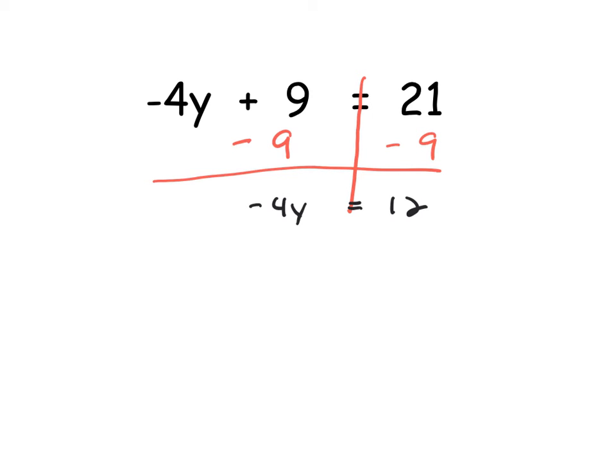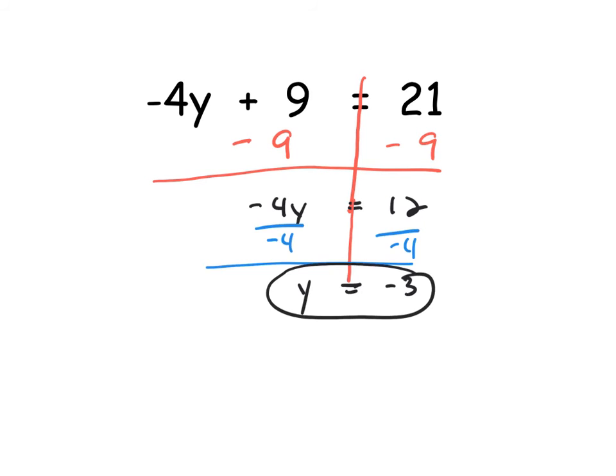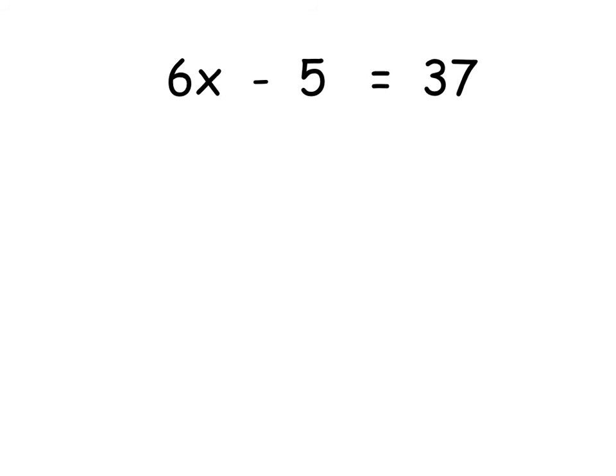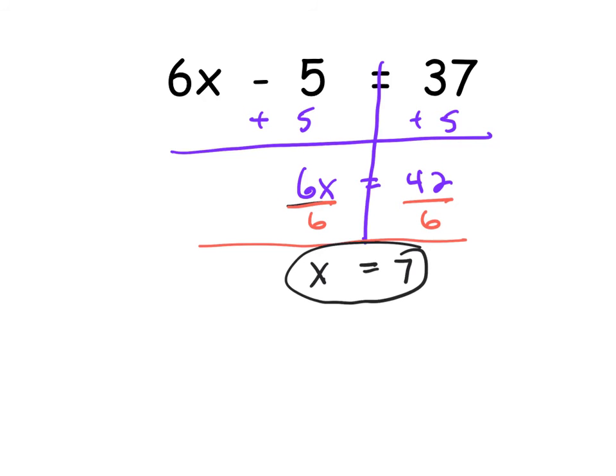Now state what the solution or final answer of this equation is. After we divide by -4 on both sides, our solution is y equals -3. Let's go on to our second equation. Please solve this equation completely and state the solution. The solution is x equals 7.